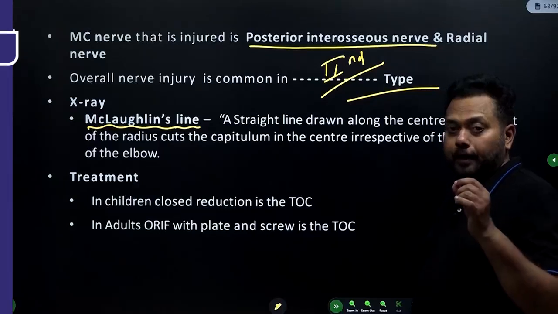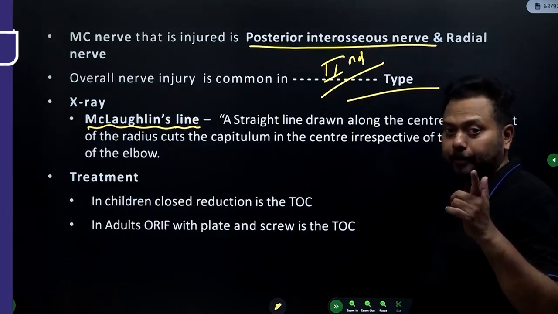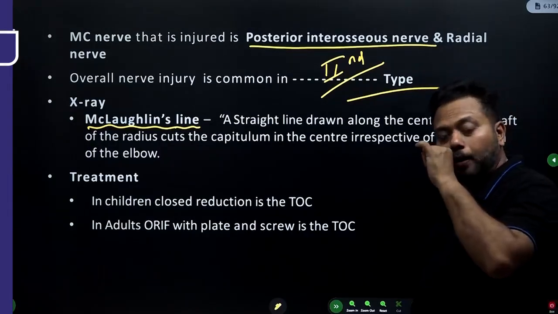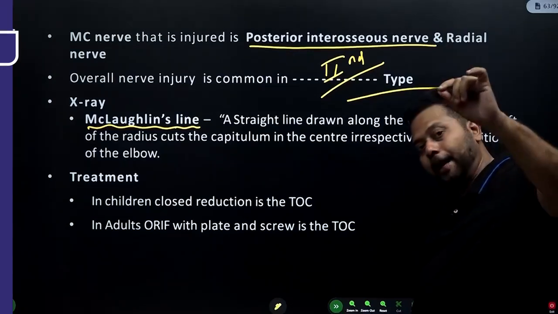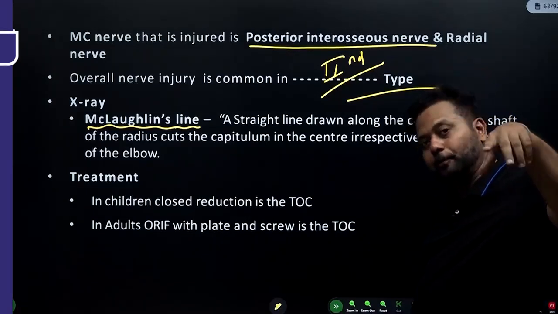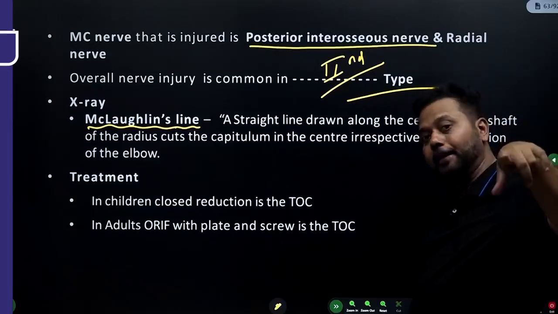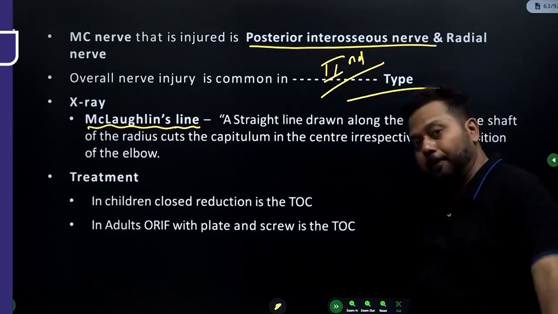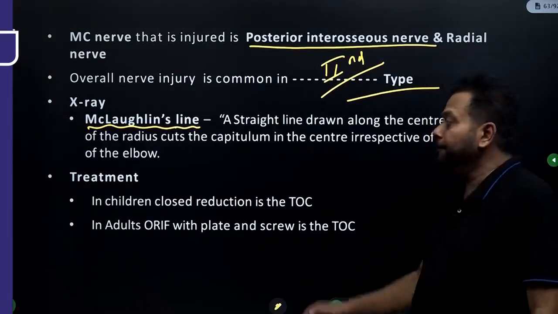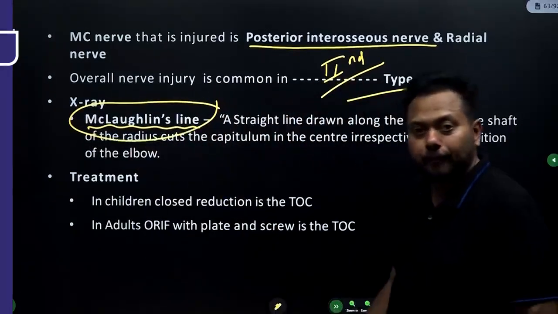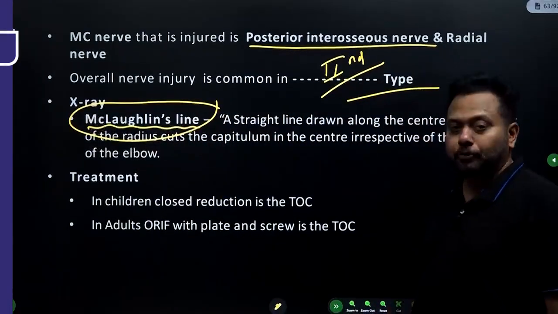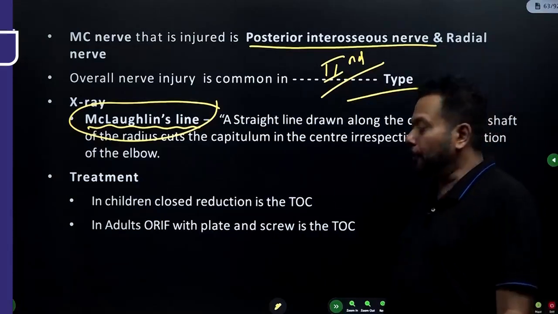Because radial head subluxation is happening, when you draw a line along the shaft of the radius, it should cut the capitulum of the humerus irrespective of position of the elbow. If it doesn't cut the capitulum, it says radial head has slipped. This is called McLaughlin's line. Very practical way to diagnose radial head subluxation. Very, very important. Then coming to treatment, there is no hard and fast rule.